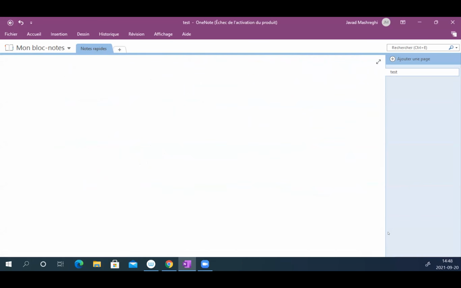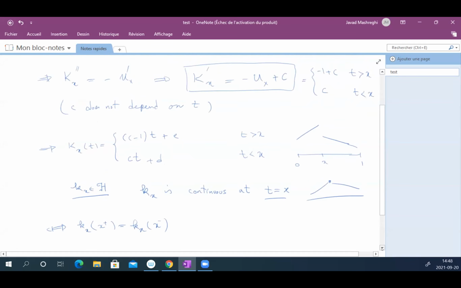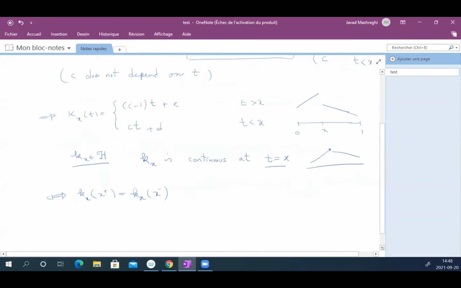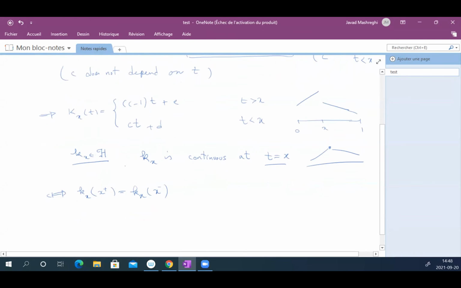Therefore, if you put t going to x from above and t going to x from below, we see that this is equivalent to c minus 1 times x plus e equal to c x plus d.